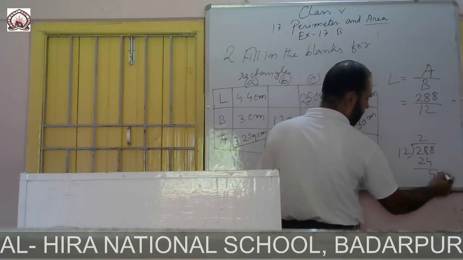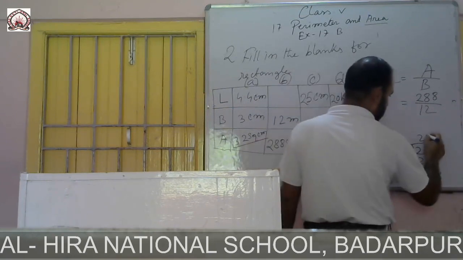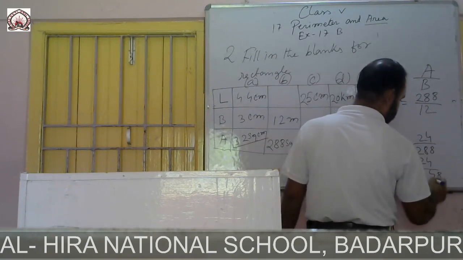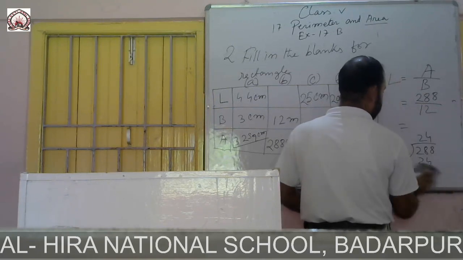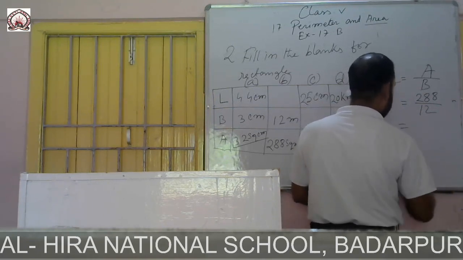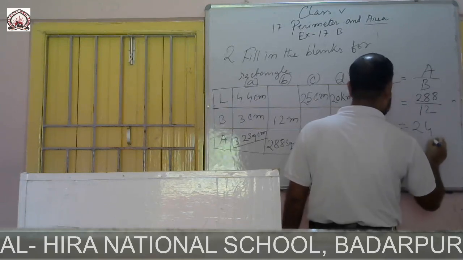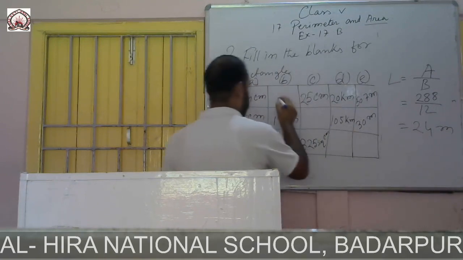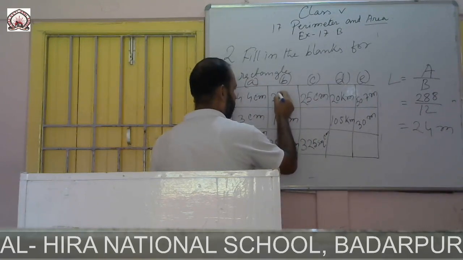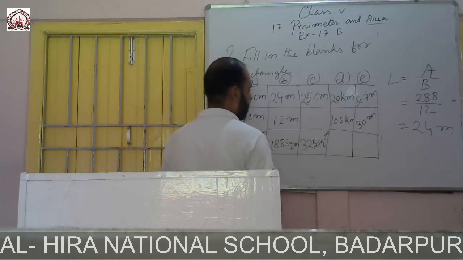Take down 8, 48. 12 fours are 48. So the answer is 24 meter. Length equals 24 meter.